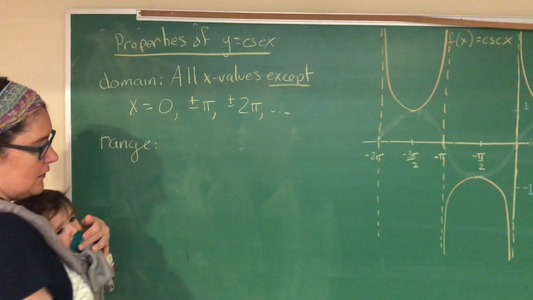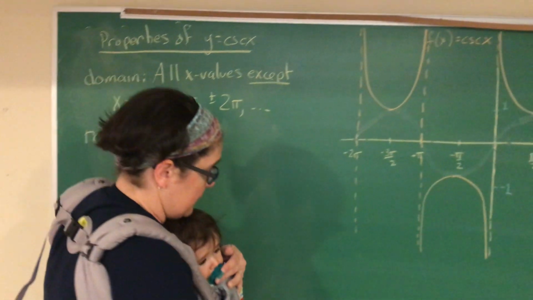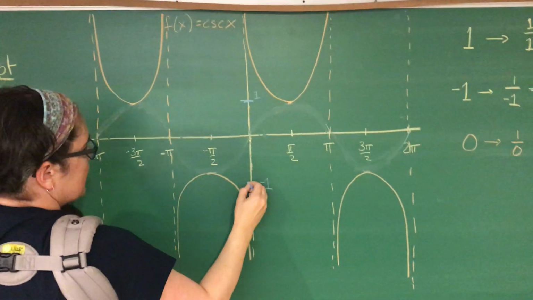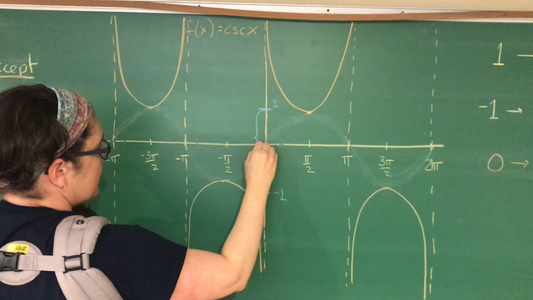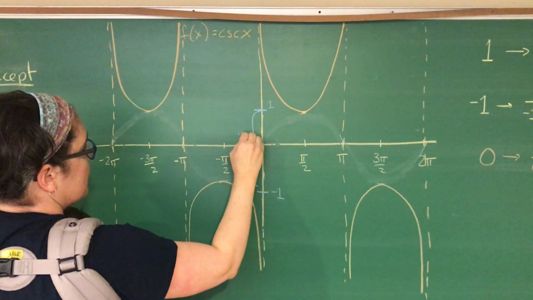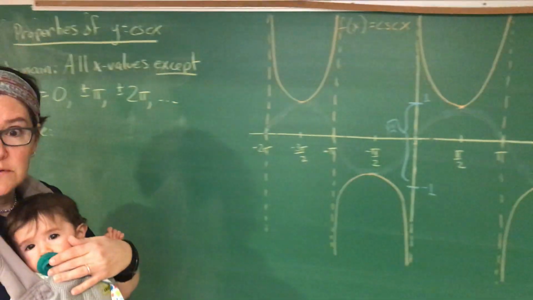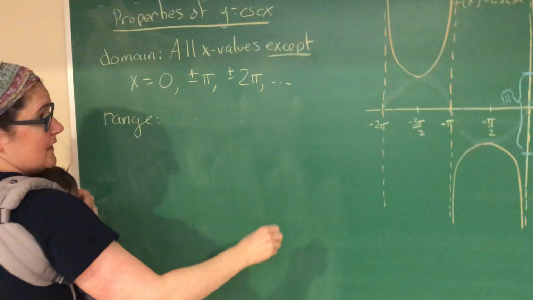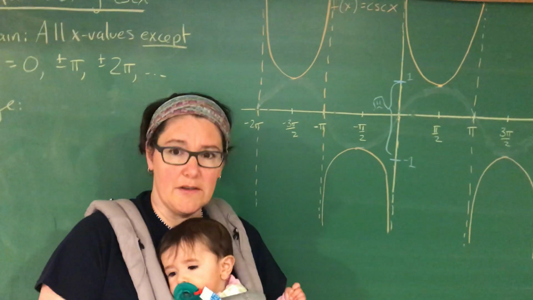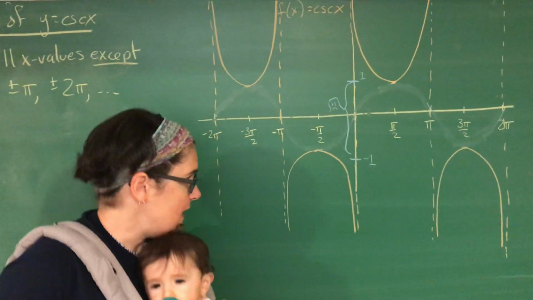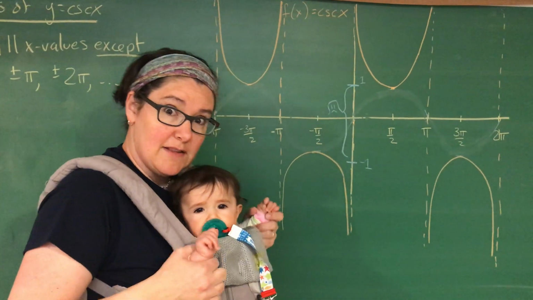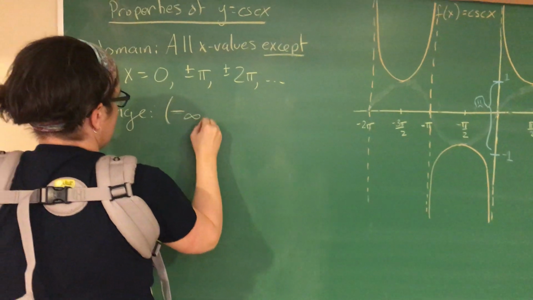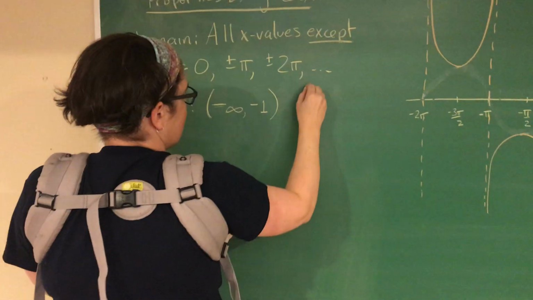Our range, this one's a little bit weird, so pay attention to this part. Take a look at our range. Between -1 and +1, there are no y values. So what that means for us is that our range starts with y values starting at -infinity, and then they go up to -1, and then they stop. So -infinity up to -1.